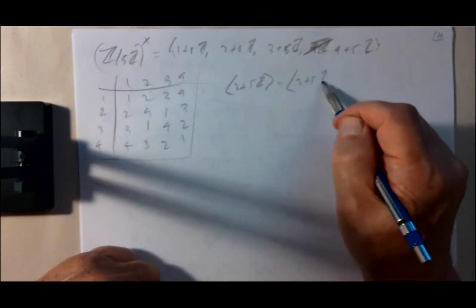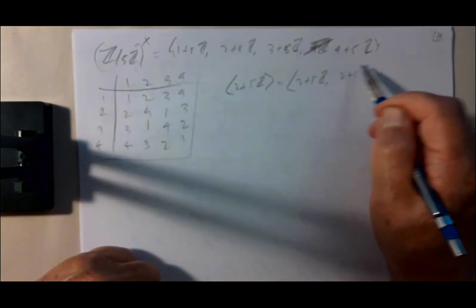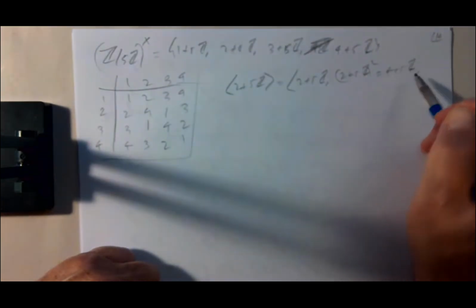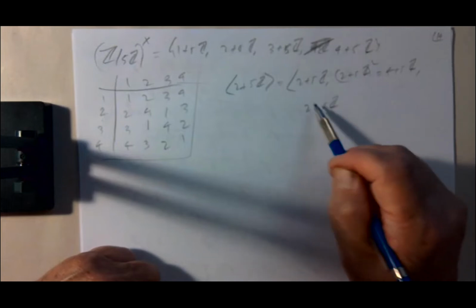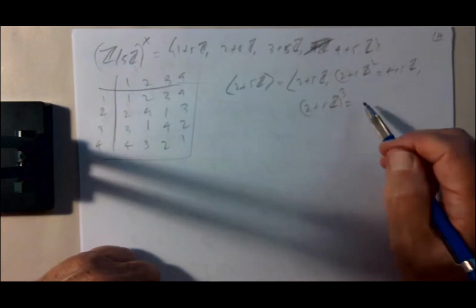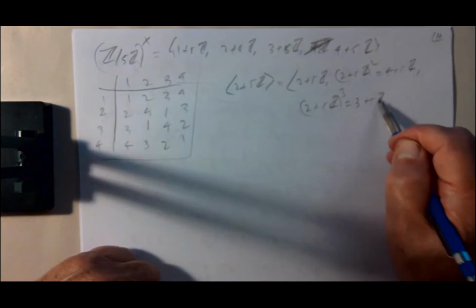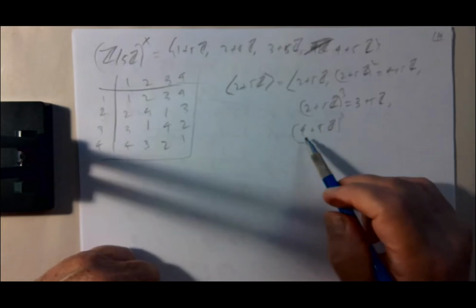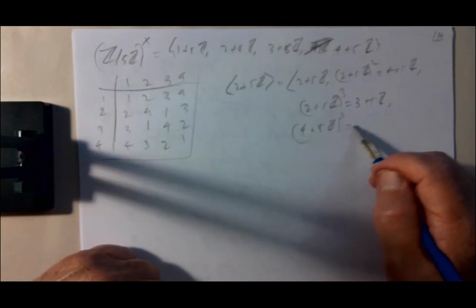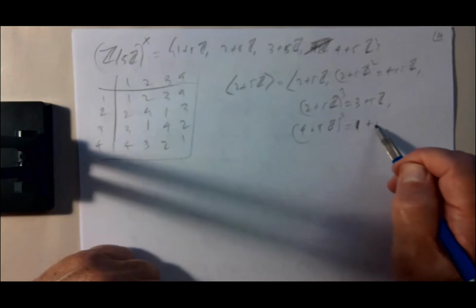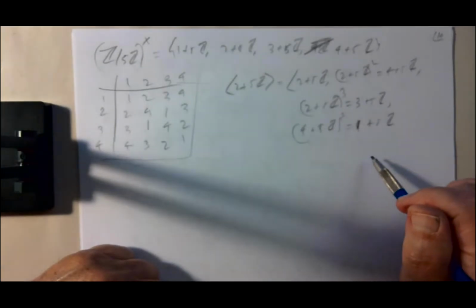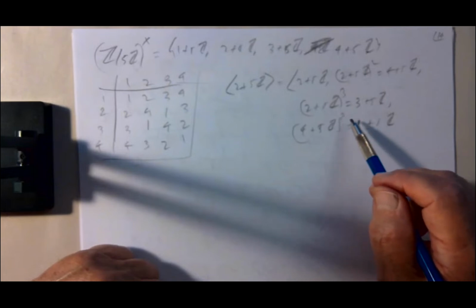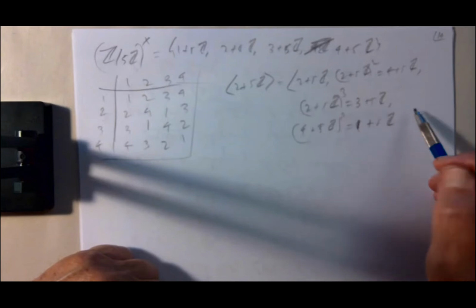I have 2 plus 5Z, 2 plus 5Z squared, which is 4 plus 5Z, 2 plus 5Z cubed, which is 8 plus 5Z, which is 3 plus 5Z, and 2 plus 5Z to the fourth, which is 16, so 1 plus 5Z. The fifth power brings me back to 2.